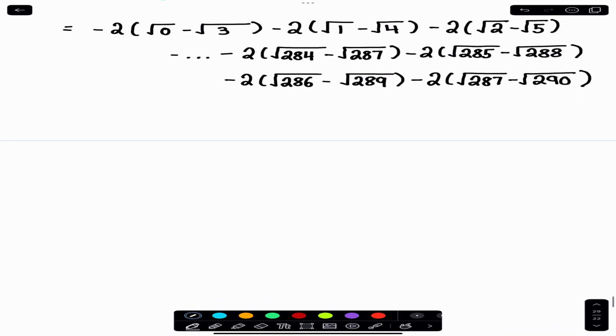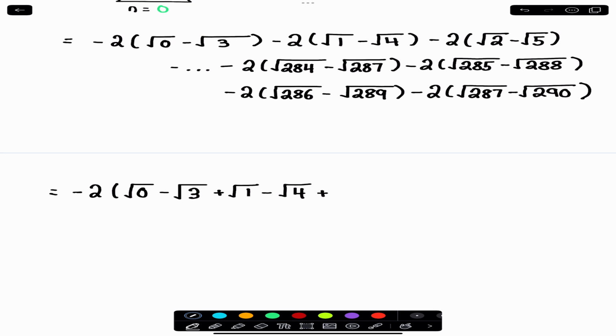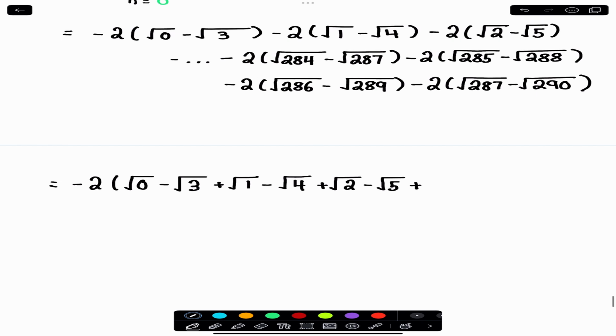Now we can pull out a common factor of negative 2 and see what we have left. So we start off with square root of 3. Oh my god, see, this is what happens when I don't have the straight function. I just get really wiggly lines. Okay, let's see what else we have left. So we have square root of 1 minus square root of 4. And then we have square root of 2 minus square root of 5. The term after, even though I didn't write it out, would look something like this.